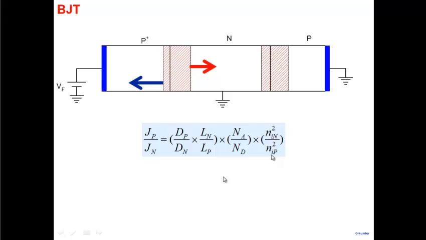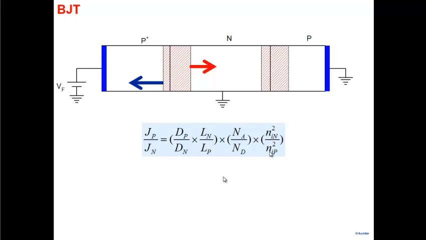If you want NiN to be larger than NiP, how can you do that? Ni depends on the energy gap, right? So you make the energy gap here smaller, and you make the energy gap here larger. As you make the energy gap in P plus larger, Ni becomes small.